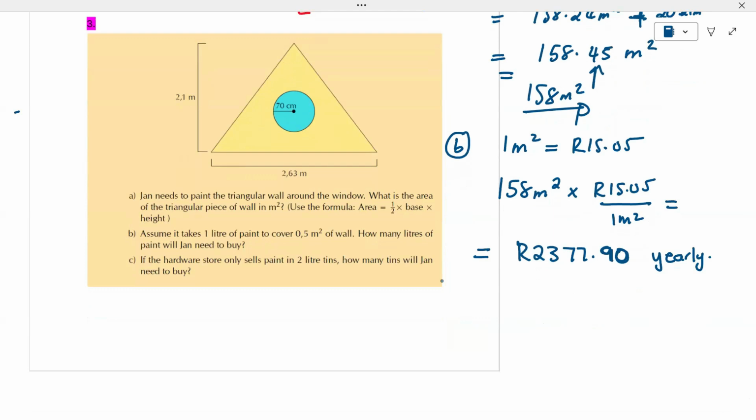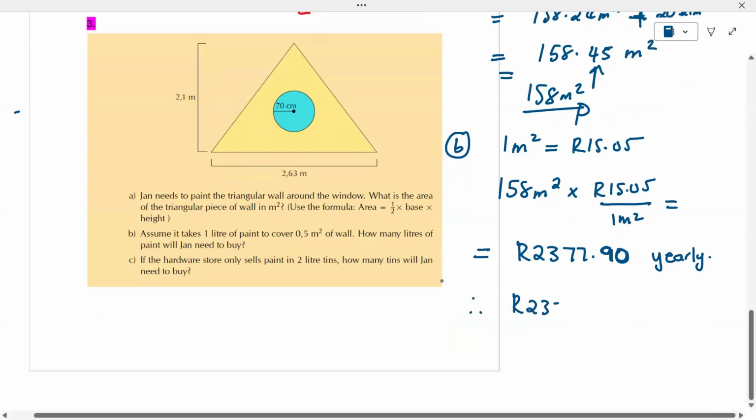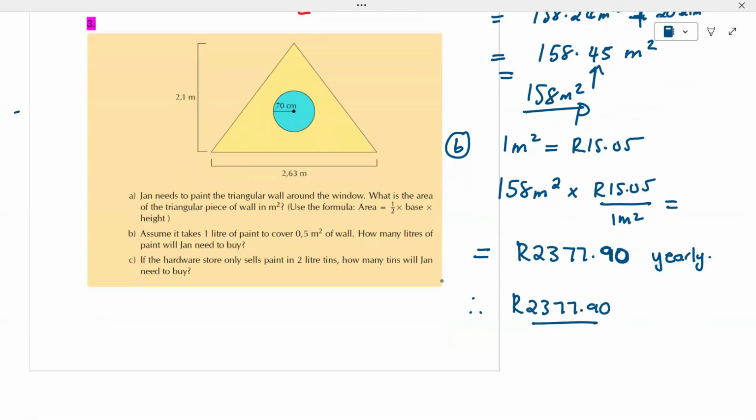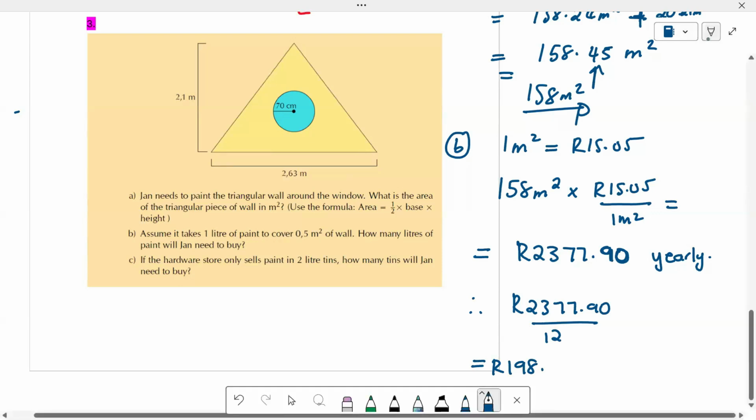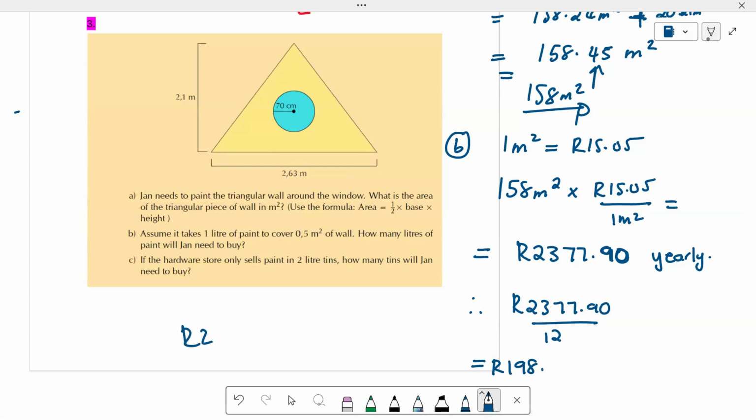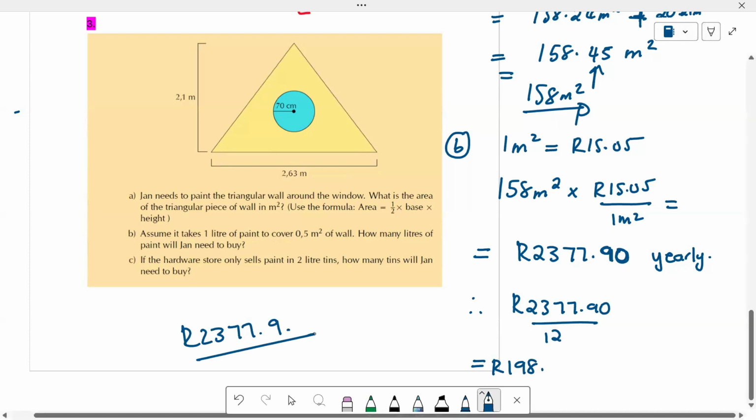So you're going to divide it by 12. I wanted to ask, do you have to round the 2377.9 to 2377.90 there, or can you just round the final answer? Yeah, if it's a 9 and you're dealing with money, you always add a 0.